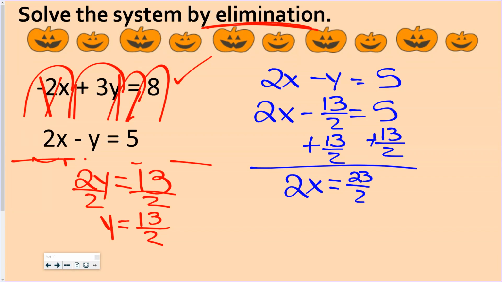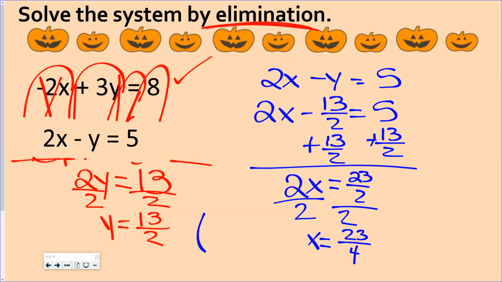Next step is to divide both my fraction and my 2x by the number next to x, which is 2, and that's going to give me x equals, again, I want to put this into my calculator and see what it gives me. 23 over 2 divided by 2 is going to give me 23 over 4.